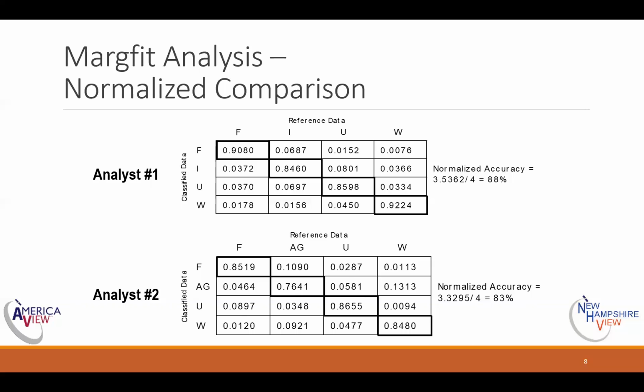We can do the same thing for the normalized matrix, okay, except now we know it's going to sum to 4 because the error matrix was normalized to have the rows and the columns sum to 1. So you got your 0.98 plus 0.84 plus 0.85 plus 0.92 divided by 4, you get about an 88% normalized accuracy. For analyst number 2, we get about an 83% normalized accuracy. So that's a nice thing. If we have different sample sizes, we can normalize the matrix.